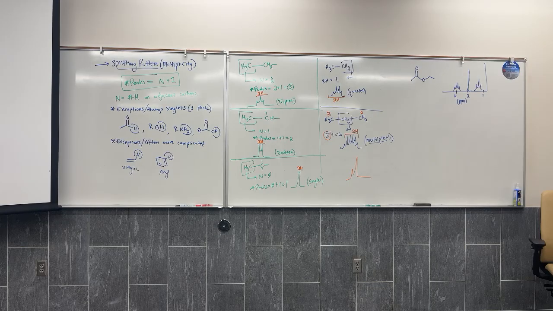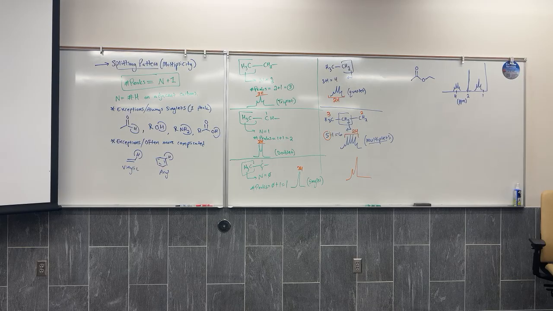What would that be for, 2, do you think? Because this one has 2 neighbors. Well, carbons don't show up on proton signals. We only see hydrogen signals. We don't see carbons, so that carbon is irrelevant.